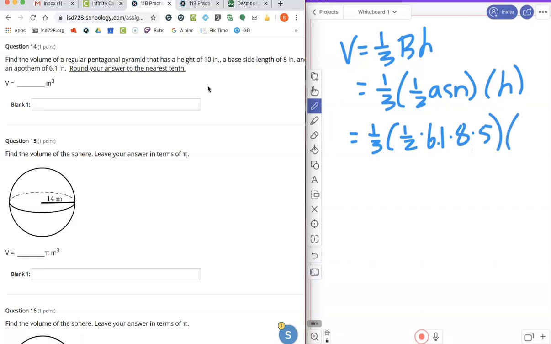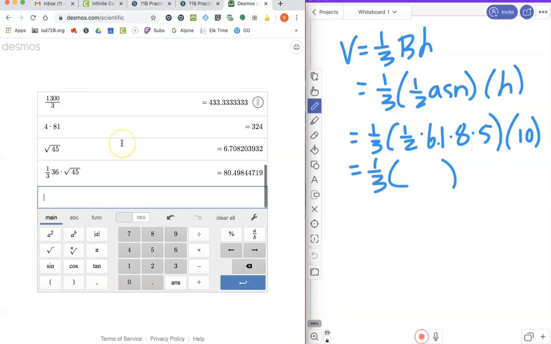And then they gave us the height, which is 10. So let's worry about getting just capital B here. Let's punch that stuff in. We have 1/2, 0.5, times 6.1 times 8 times 5. So 122 is our capital B.